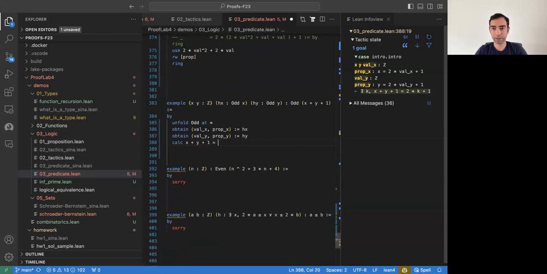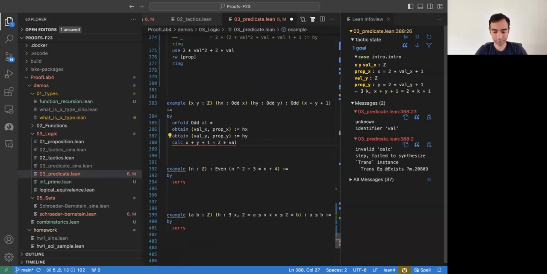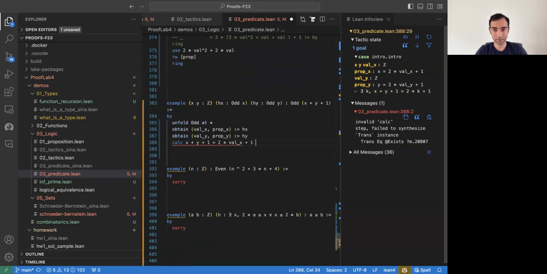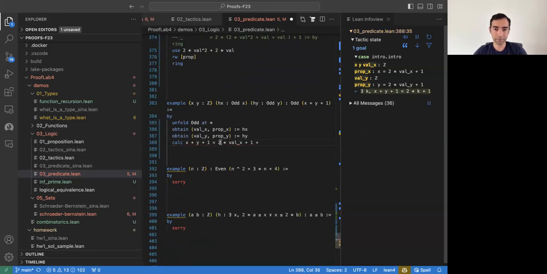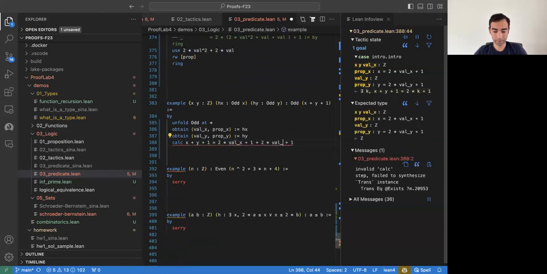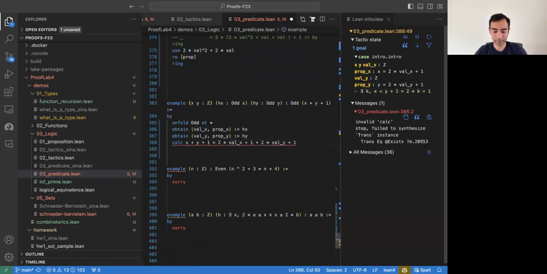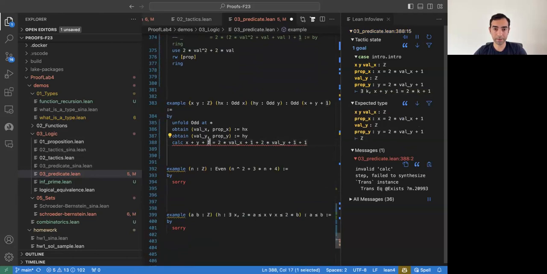So that is going to be equal to, well, I guess I'm going to rewrite x as 2 times val of x plus 1. And similarly for y, I'm going to write 2 times val y plus 1. And then there is an extra 1 that we already had here, right?